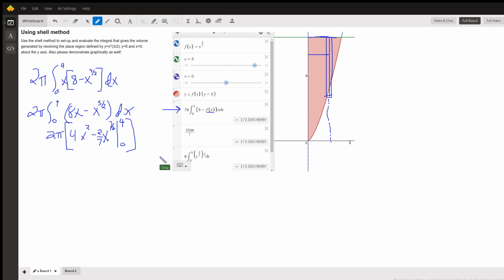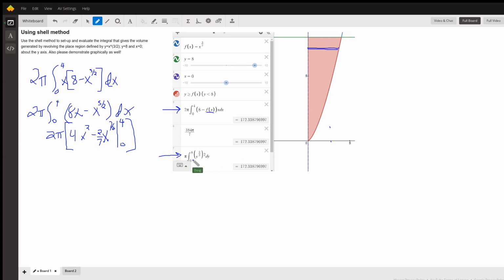And this illustrates that the washer method could also have been used. In other words, I could have, in this case, said, well, I'm going to take washers. And when you use the washer method or the disk method, in this case, your typical rectangle is perpendicular to the axis of revolution.